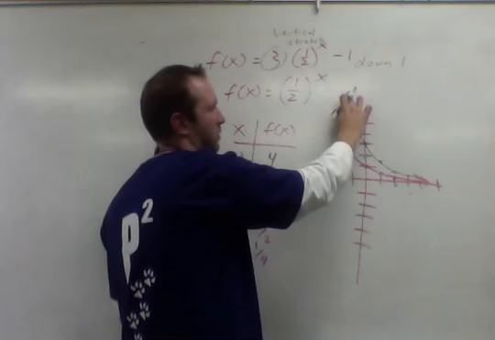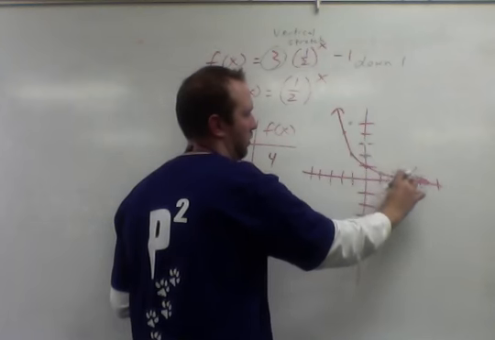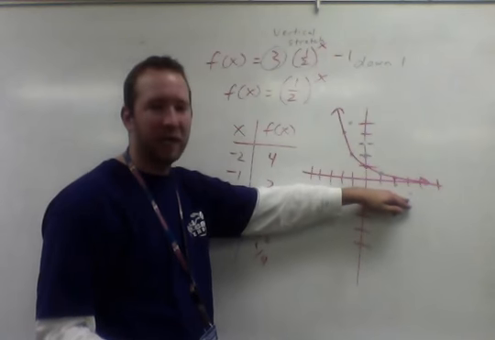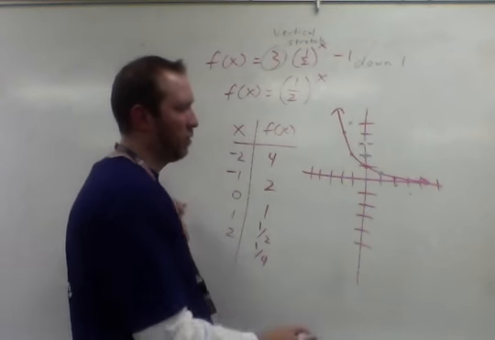And get rid of this black graph. And notice what happened. I got a couple points that kind of jumped over the x-axis as I moved them down, and that horizontal asymptote is going to be down at -1.